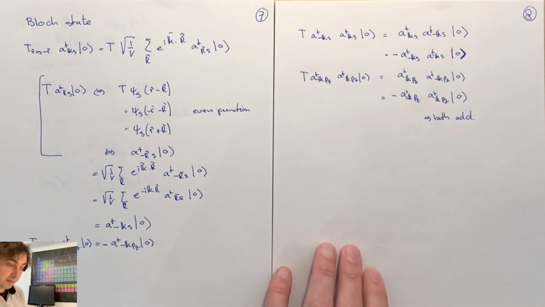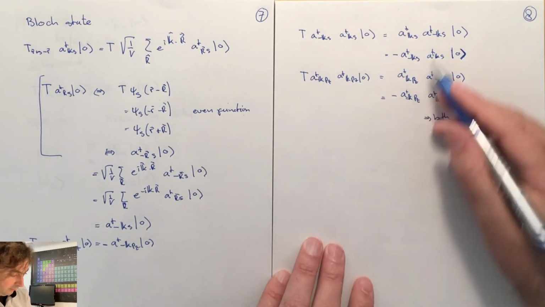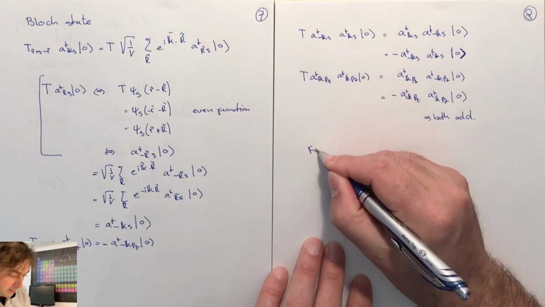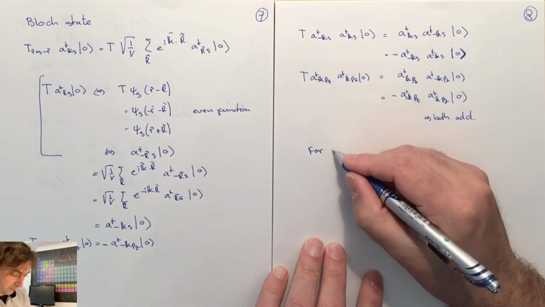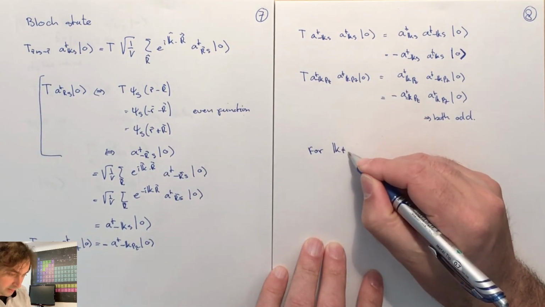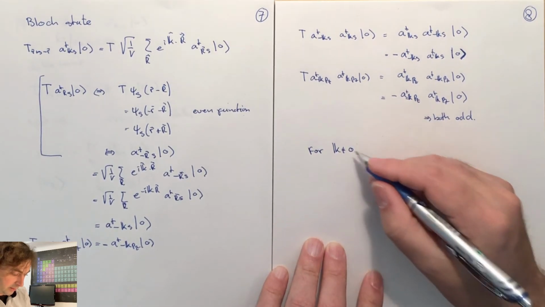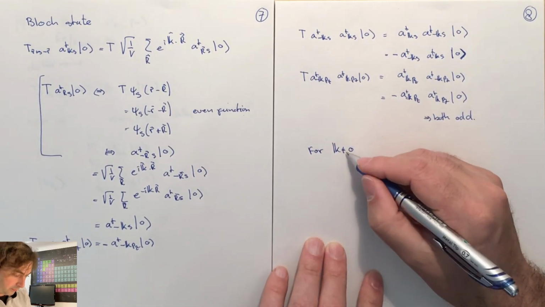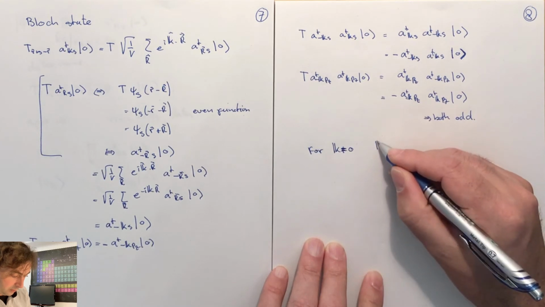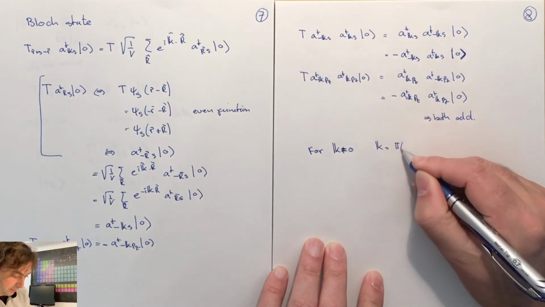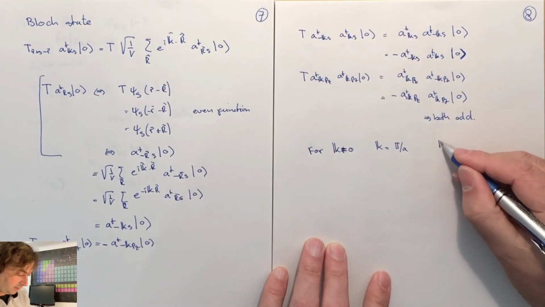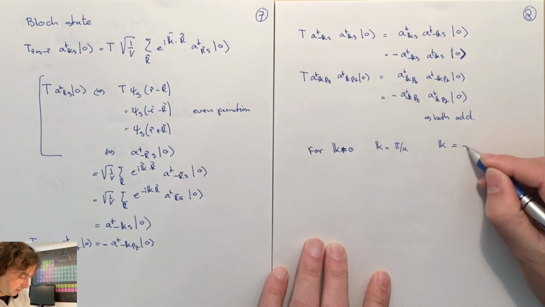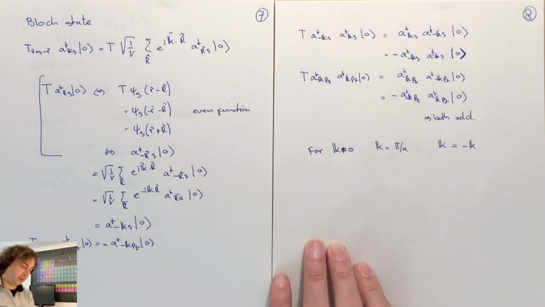Now we have to be a bit careful. We can do this except for a few exceptions. For the case where k is equal to 0, or the case where k is pi over a, we have that k is equal to minus k.